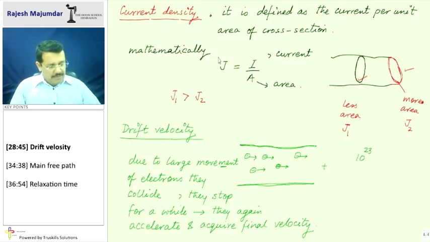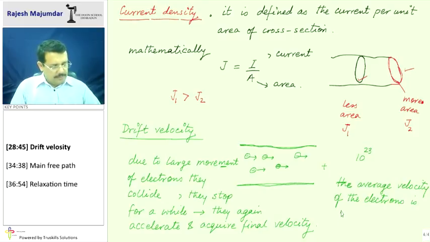So the average velocity of the electrons is called drift velocity.